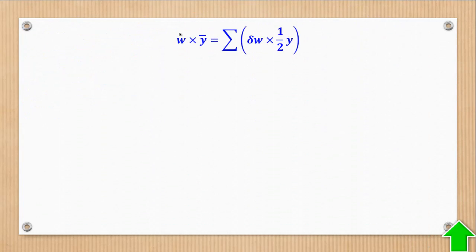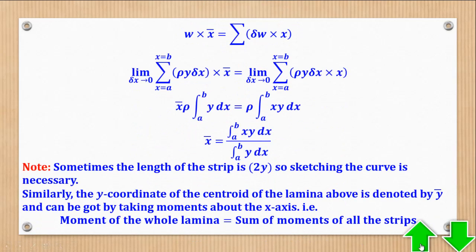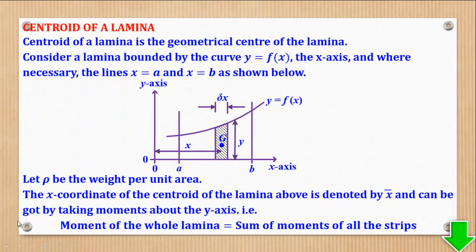So total weight times y bar is equal to small change in y times a half y. Now why do we say a half y? Let's just go back. For as long as there's a line of symmetry, we already talked about it, the center of gravity is at the line of symmetry.